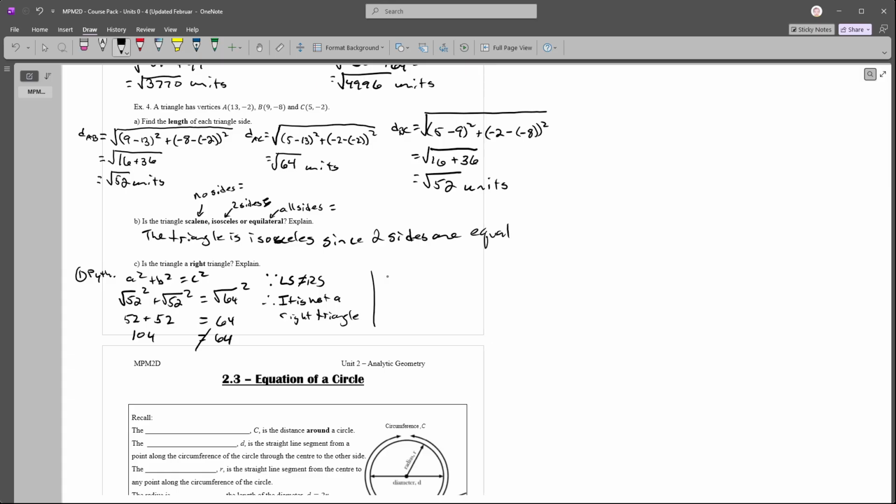So option number two is find the slope of each line, and it is right angled if any two are negative reciprocals.